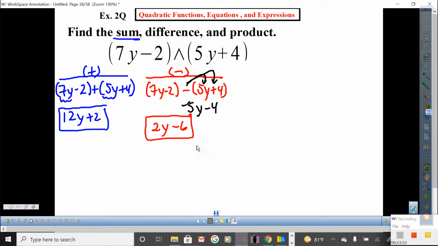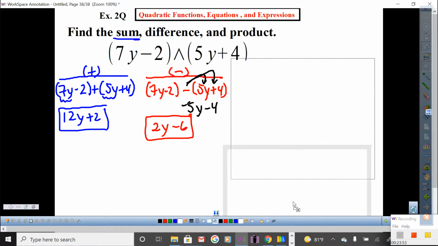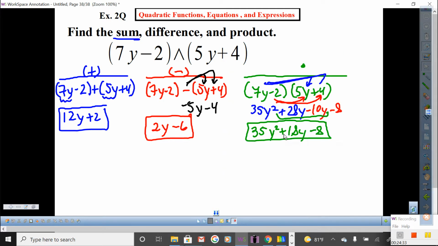Hands if you got that. Looks about right. Pass someone. 35y squared plus 18y minus 8. Hands if you got that. Yeah, we got this, yes? We got it, right? Alright.